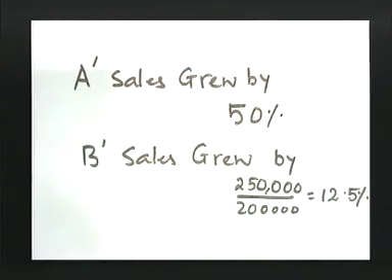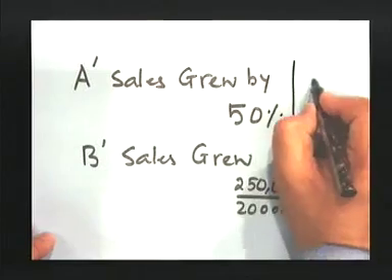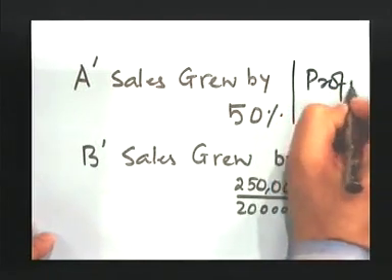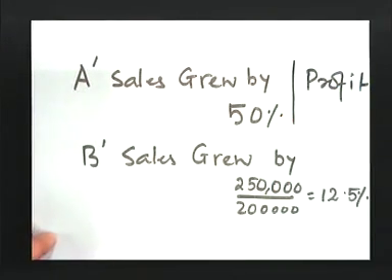Now, similarly, the profit for company A grew by double, 50,000 in year 1 became 100,000 in year 2. So, a 100% increase. Whereas, if you look at the profit of organization B, it went up by 250%.